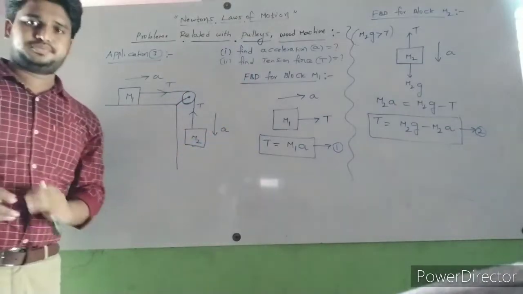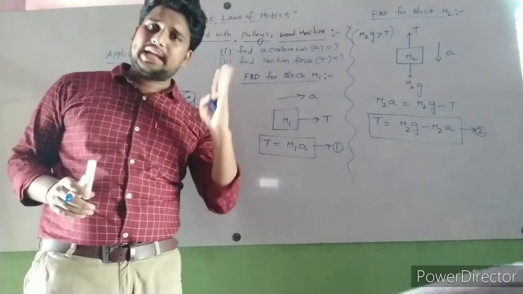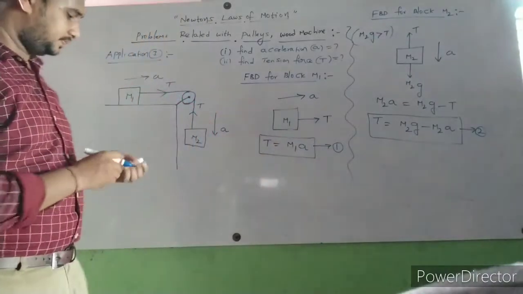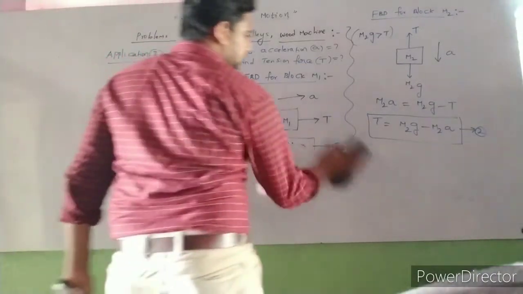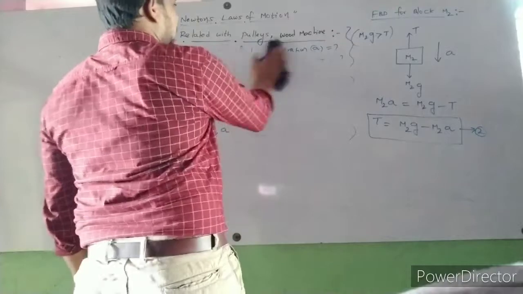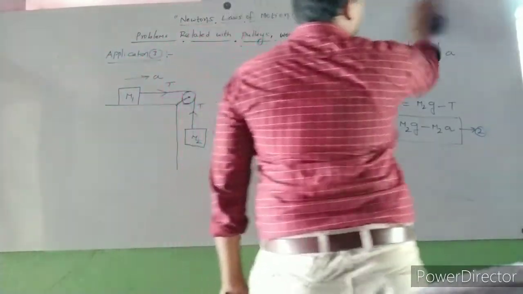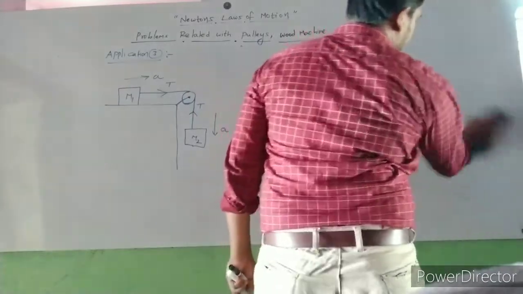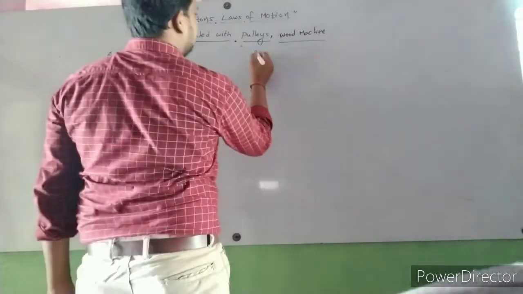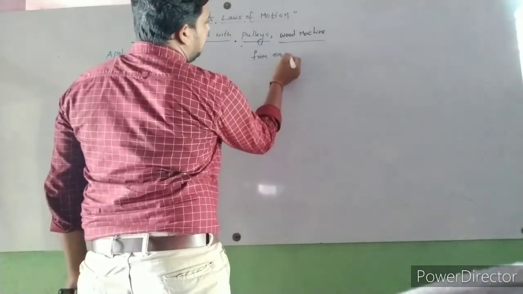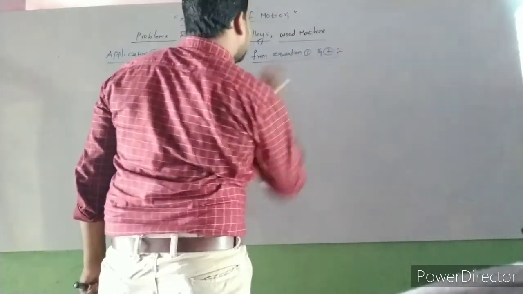From 1 and 2, if we solve equations 1 and 2, we get acceleration and tension T. So what is equation 1?